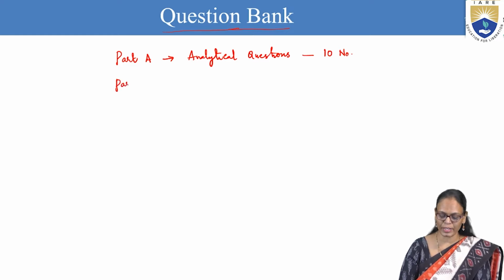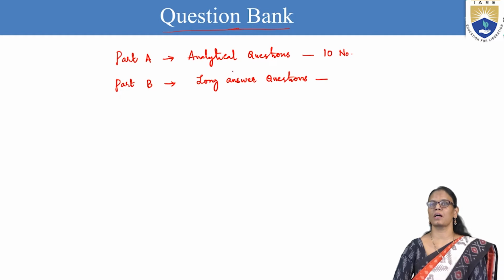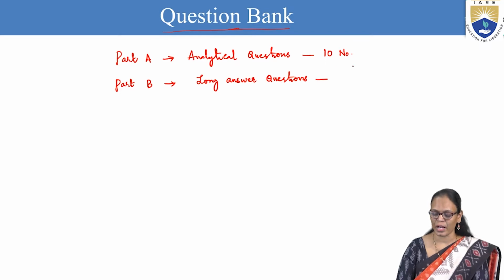And part B is long answer questions. Long answer questions are generally questions of 7 marks weightage, which you see in SEE exam, and they will be 20 in number.